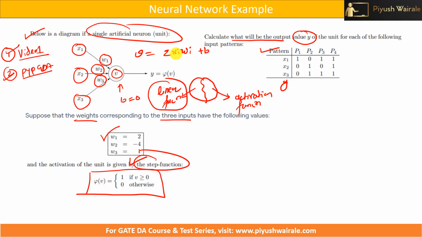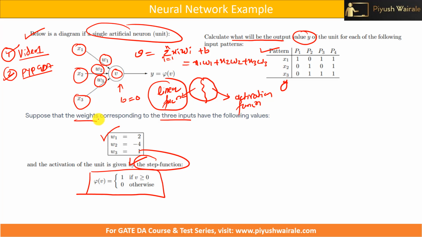In this case we have three inputs, so the linear function is x1 w1 plus x2 w2 plus x3 w3. That's it. We don't have bias, so b is 0.